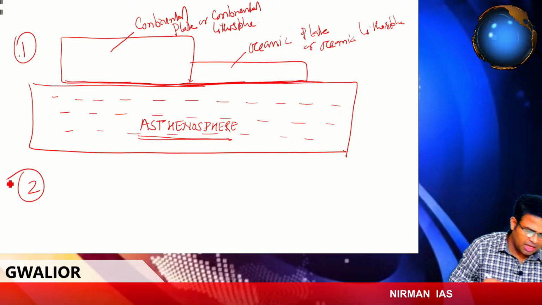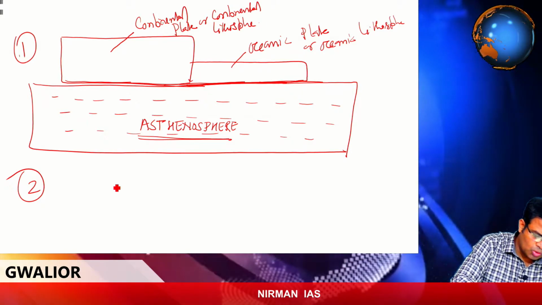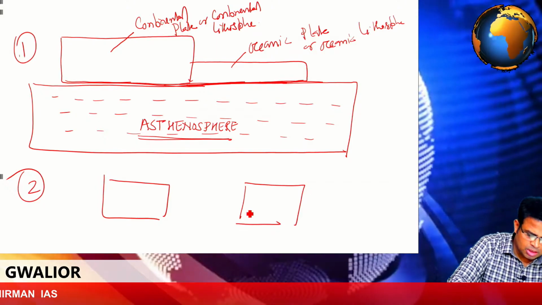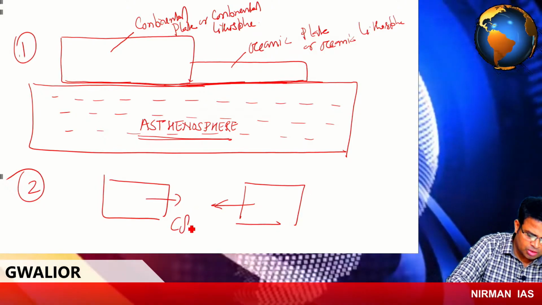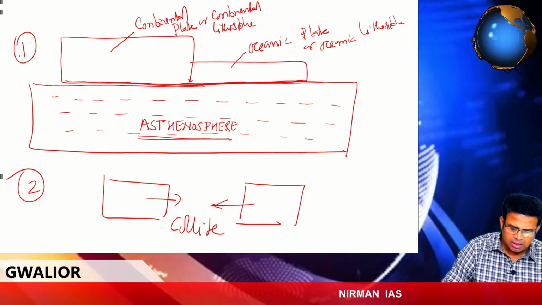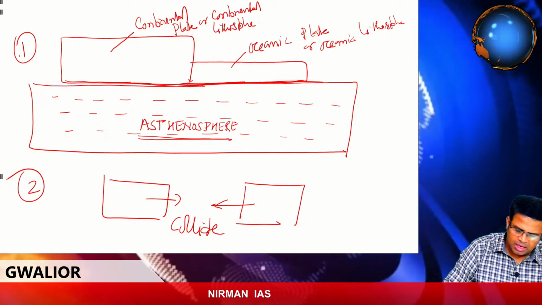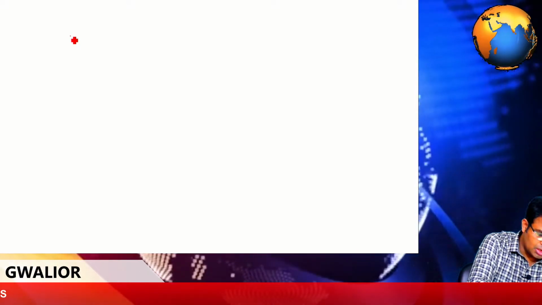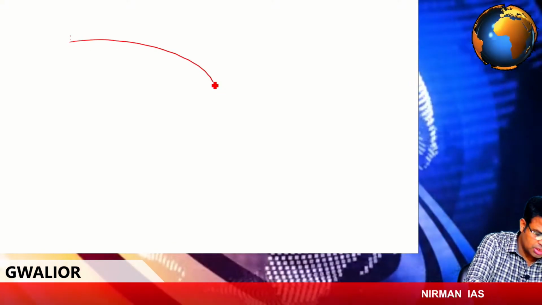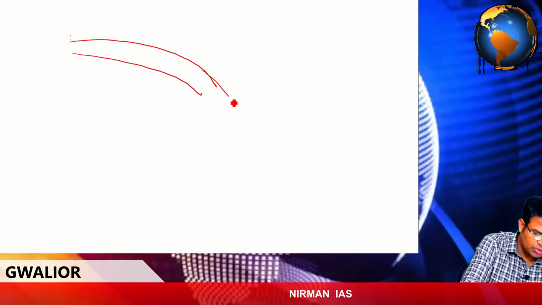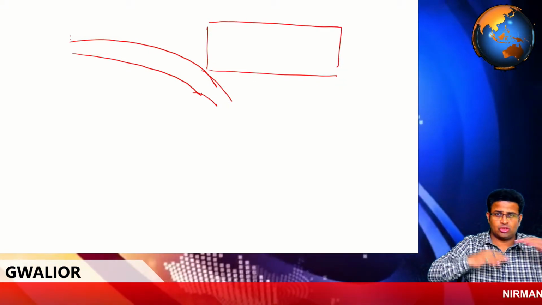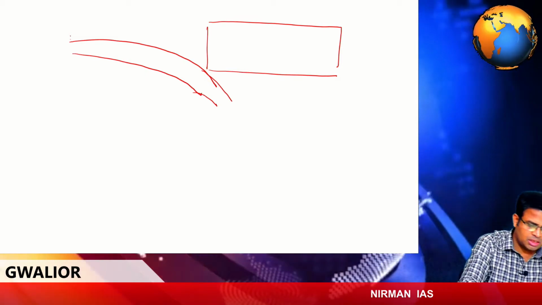So that first idea is perhaps clear. The second idea: when two continental plates are converging towards each other, they will collide. But if there is an oceanic plate, which is thinner but more dense, then during convergence with the continental plate, the denser oceanic plate puts more pressure on the asthenosphere, so it will subduct below.